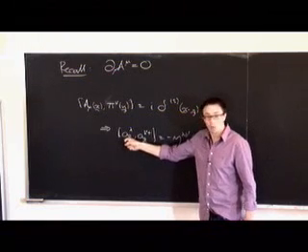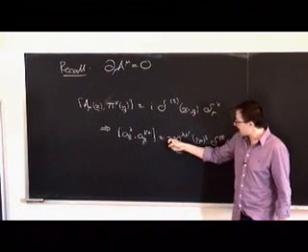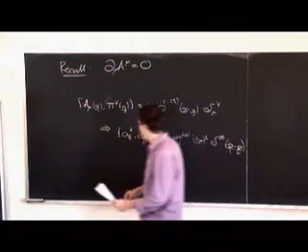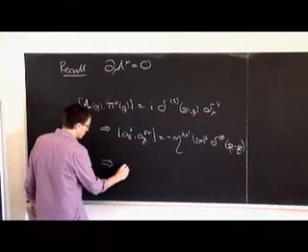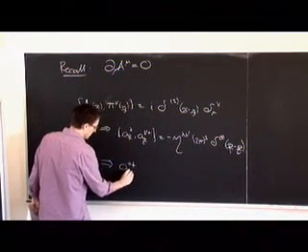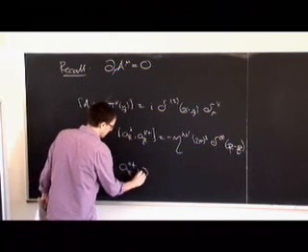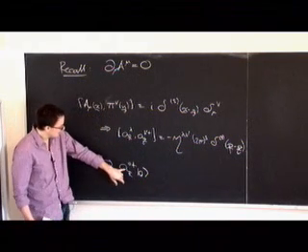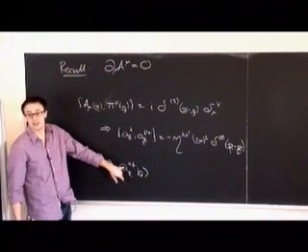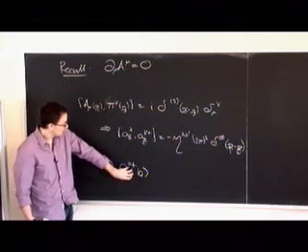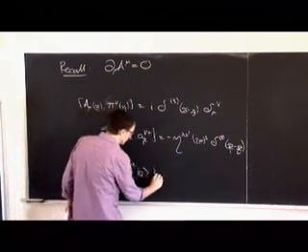But the A0 one, the time-like one, has a minus sign. And the implication of this is that whenever you try to create a photon that's polarized in a time-like direction, by this operator here, this has negative norm.